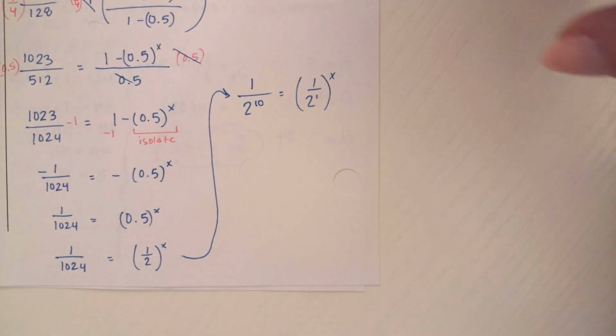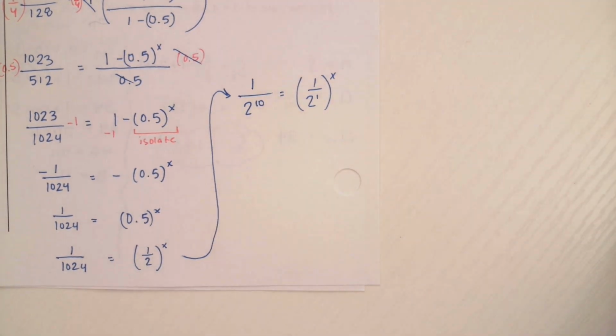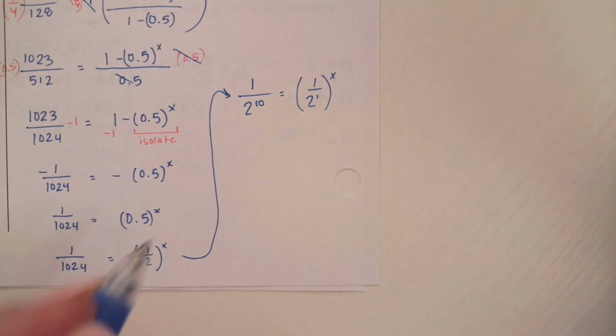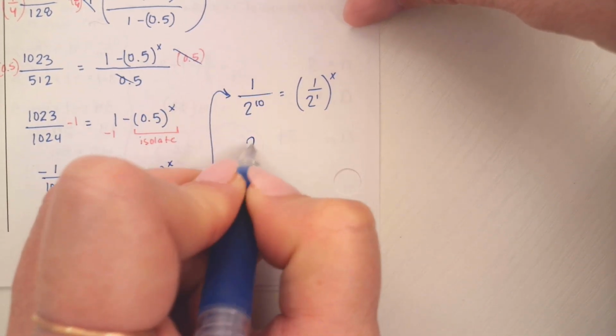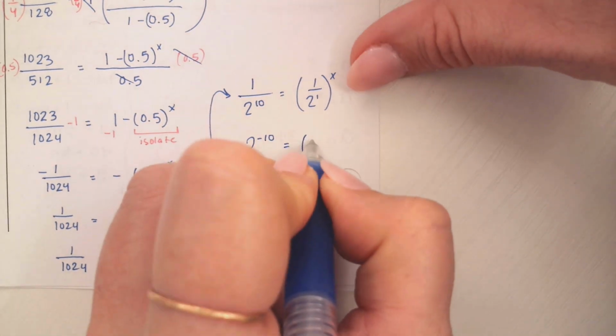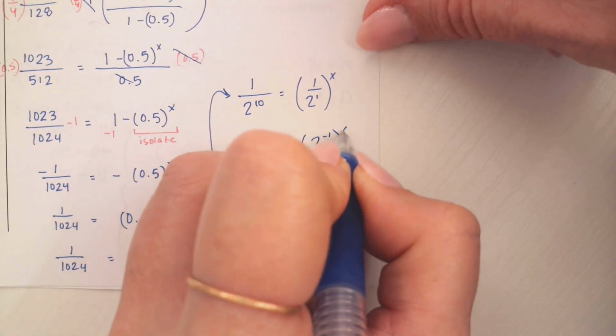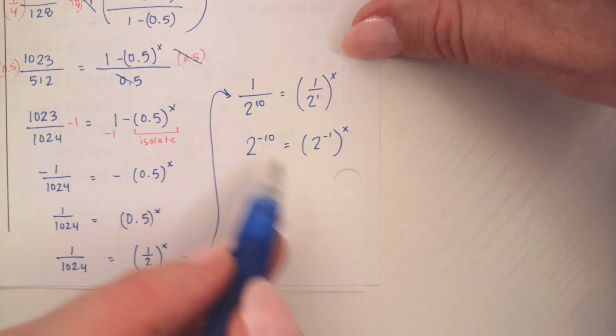Danny doesn't know something for once. No, we don't need to log. Reciprocal. Yes, it is. It's just a reciprocal. So remember, 1 over 2 to the 10th, you do the reciprocal and you would get 2 to the negative 10th. On this one, you would get 2 to the negative 1 to the power of x. So then x equals negative 10?